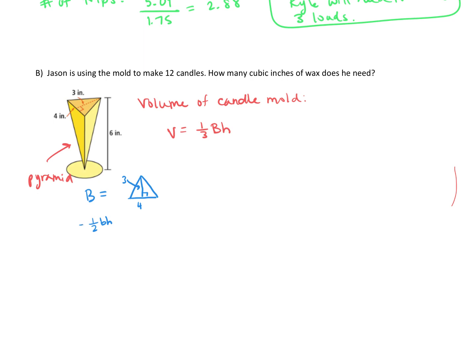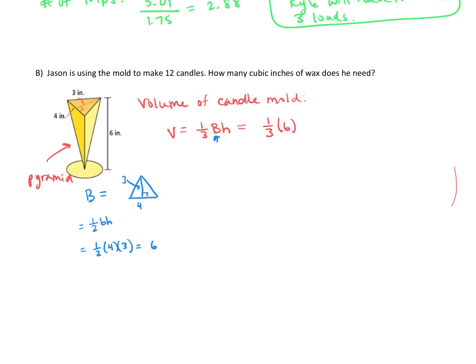The base of our triangle is just this 4. So 1/2 times 4 times the height of our triangle, which is 3. 1/2 times 4 times 3 is 6. So the area of the base is 6. That's what we're going to plug in right there. So our volume equals 1/3 times our area of the base, which is 6.